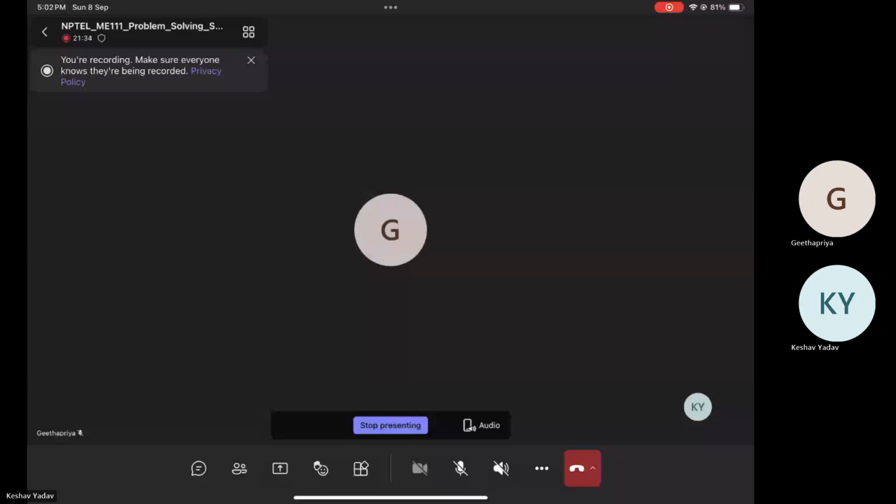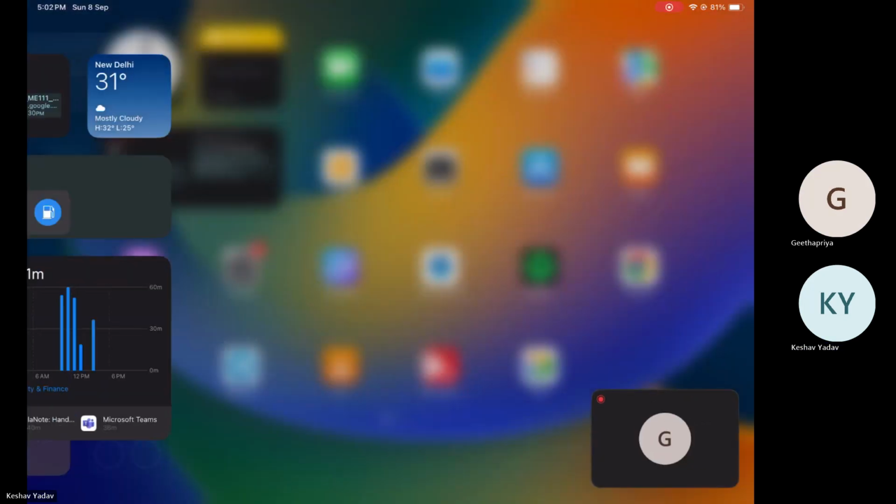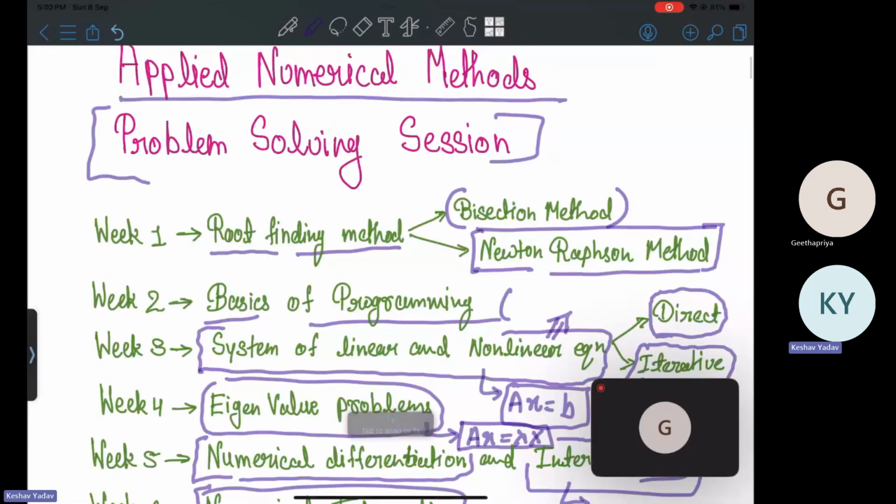So are you able to see my screen? Okay. Yeah, now you are able to see.